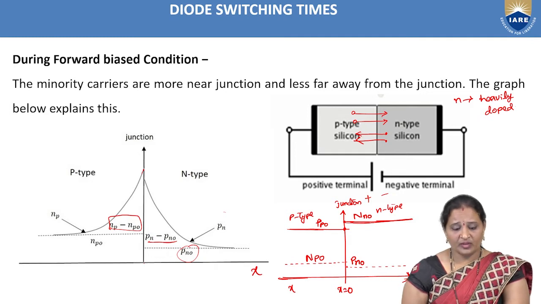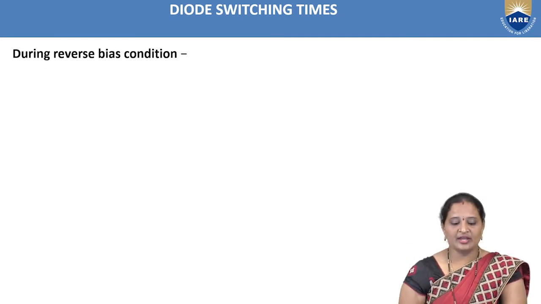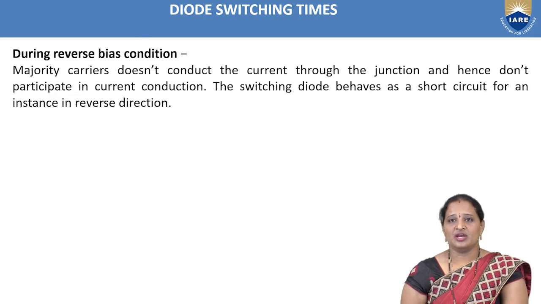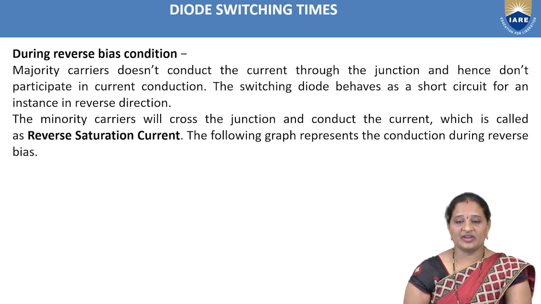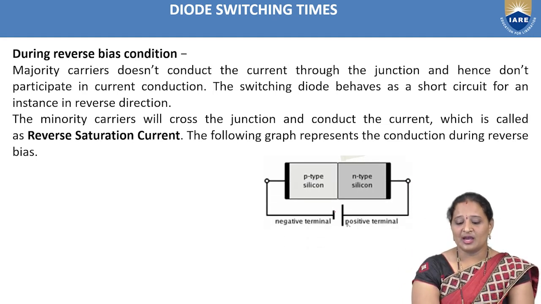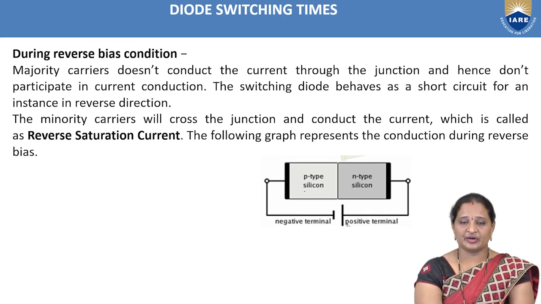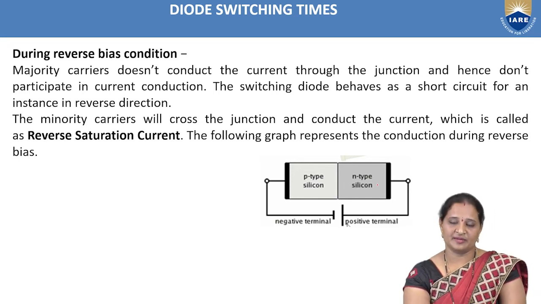So now, under reverse bias condition, what happens? Under reverse bias condition, we apply the biasing such that the negative terminal of the battery is connected to the p-type semiconducting material and the positive terminal of the battery is connected to the n-type semiconducting material.